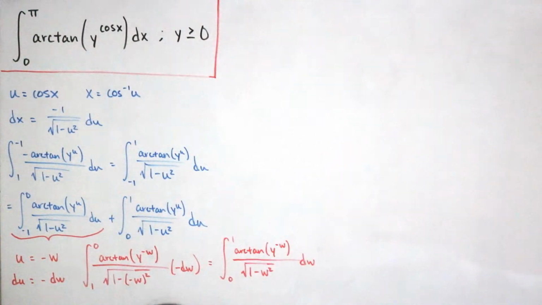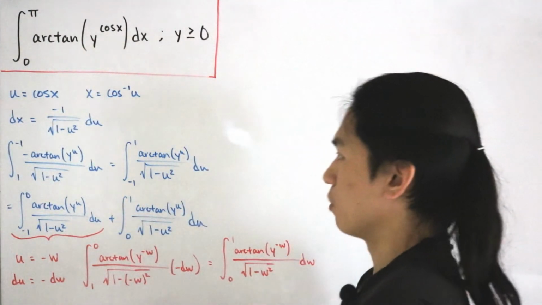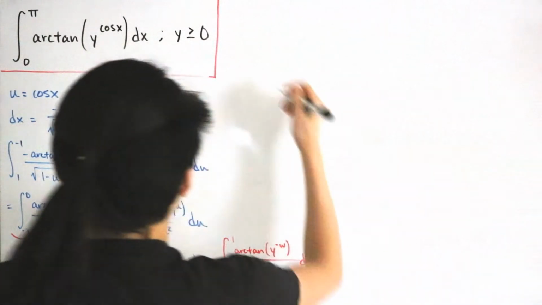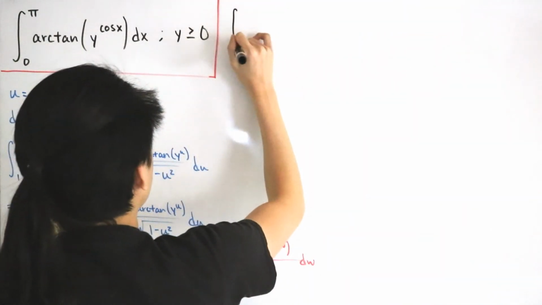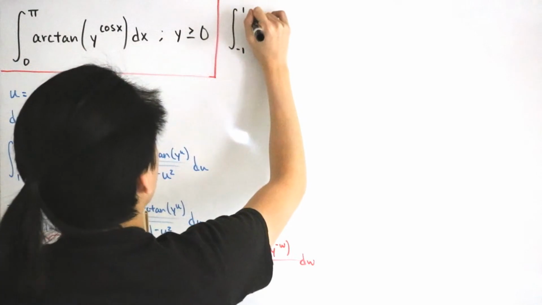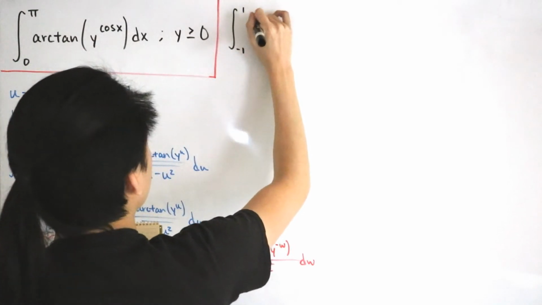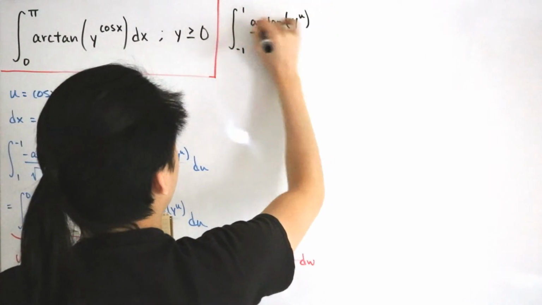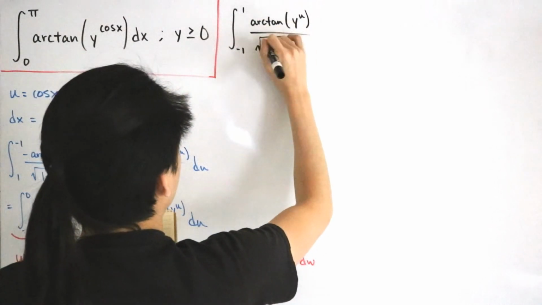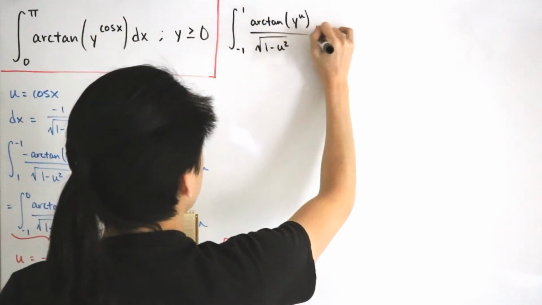So let me actually first go back to the original integral, specifically this one that we started with before the substitution. So we have negative 1 to 1 of arctan of y to the power u divided by the square root of 1 minus u squared, then du.